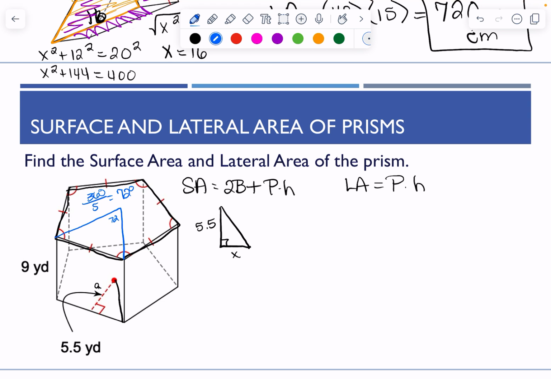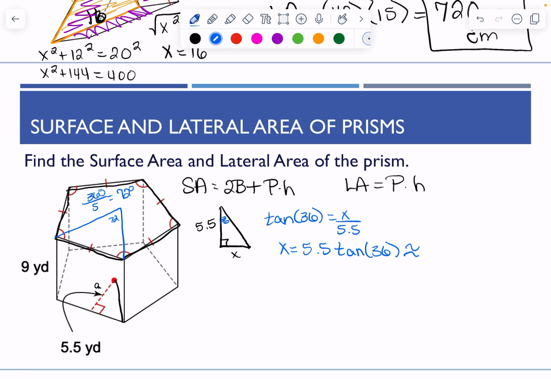Then this angle has to be half of that, which is 36. This is a tangent relationship. So tangent of 36 is equal to opposite over 5.5. So x is equal to 5.5 times the tangent of 36.